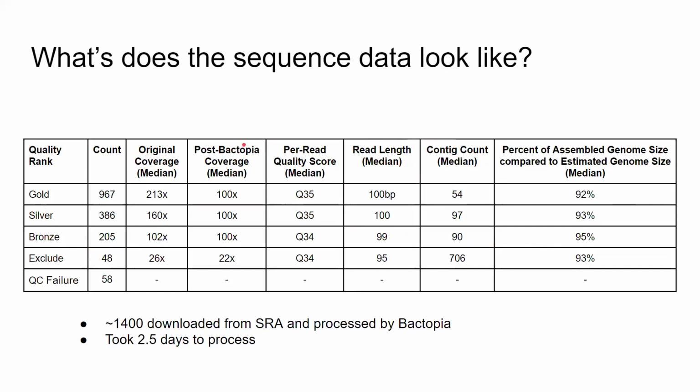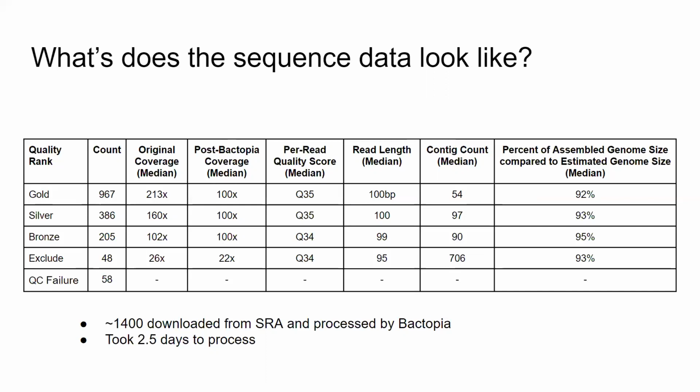One thing that Bactopia does that Staphopia also did is we downsample to a set coverage. The user can set the coverage or disable this completely. But we found that you get diminishing returns after you have so much coverage, but you really start to increase the analysis runtimes when you have high coverages, because it takes a whole lot more time to QC 1,000x worth of reads versus 100x, or it takes a whole lot longer to assemble 1,000x of reads versus 100x.